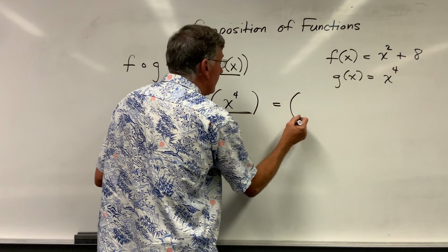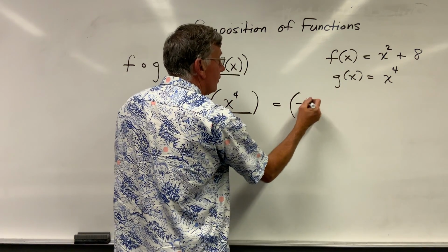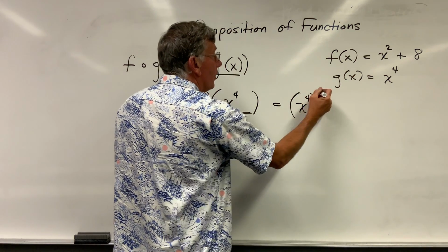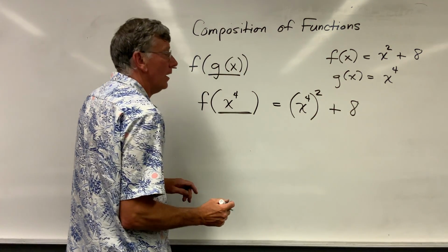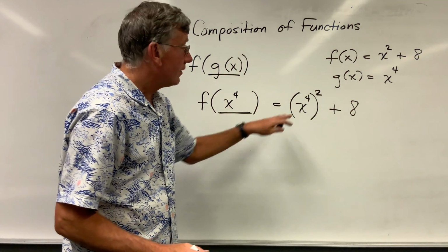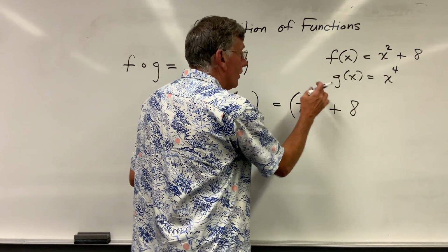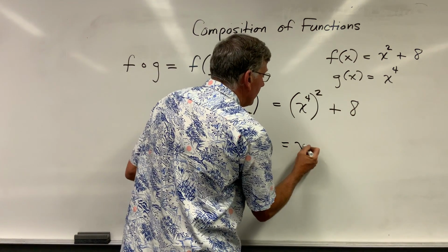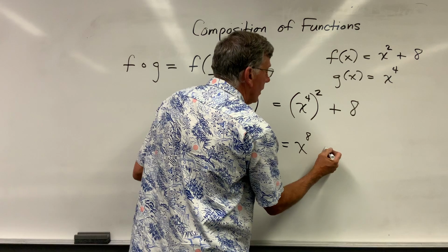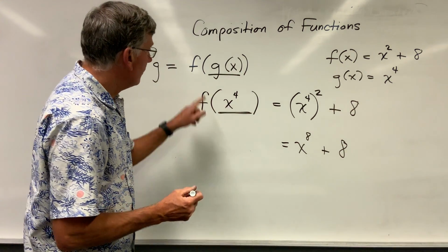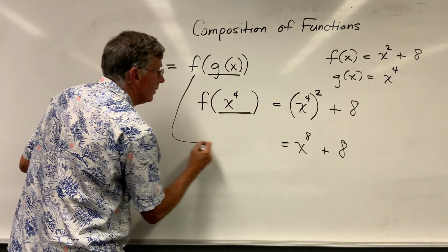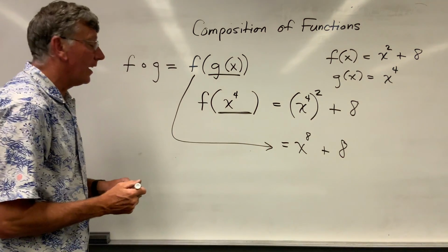I'm going to take what's in this slot, which is x to the 4th, square it and then add 8. And if you remember your rules of exponents, x to the 4th squared is x to the 8th and then plus 8. This is f of g of x.